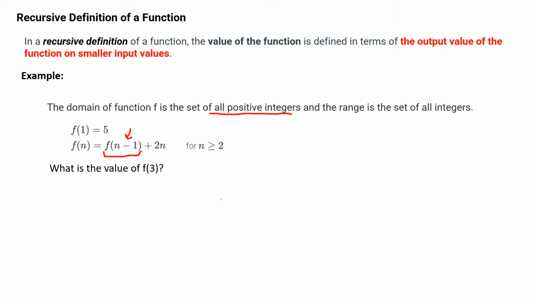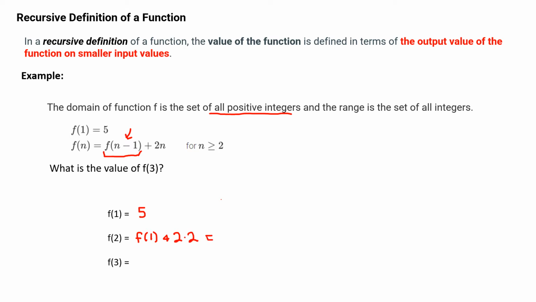So let's say you were asked to find the value when n is 3. What is f of 3? We'd start by looking at f of 1, and that's 5. Then f of 2 is equal to f of the previous one, f of 1, plus 2 times n, which is 2.